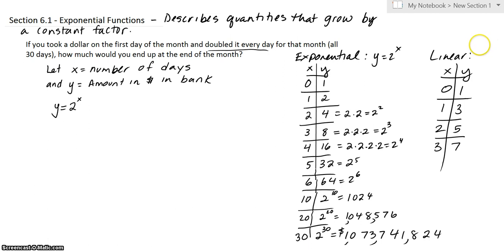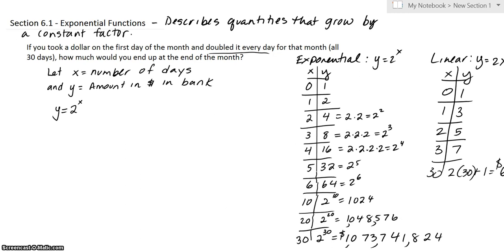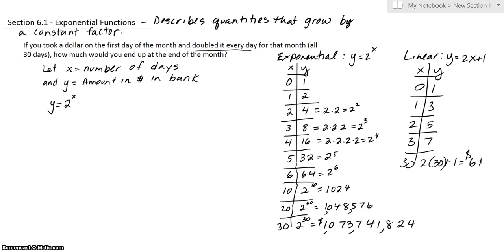Actually, I think we start with 1, so it would be 2x plus 1. At the end of the 30 days, you would end up with 2 times 30 plus 1, which would be $61. So you can see an exponential function grows a lot more rapidly than a linear function.